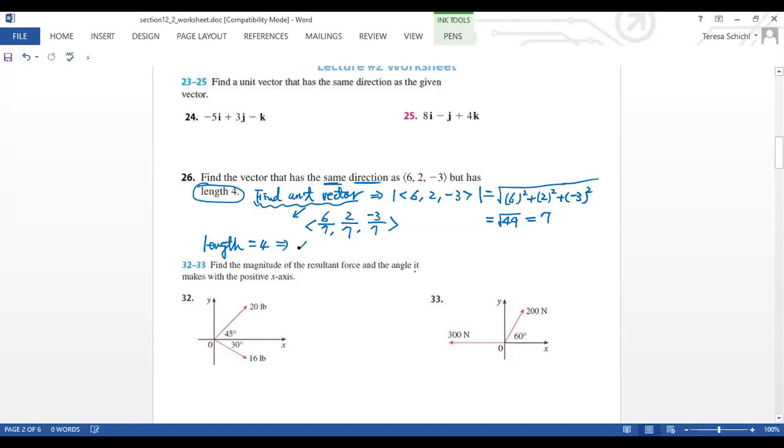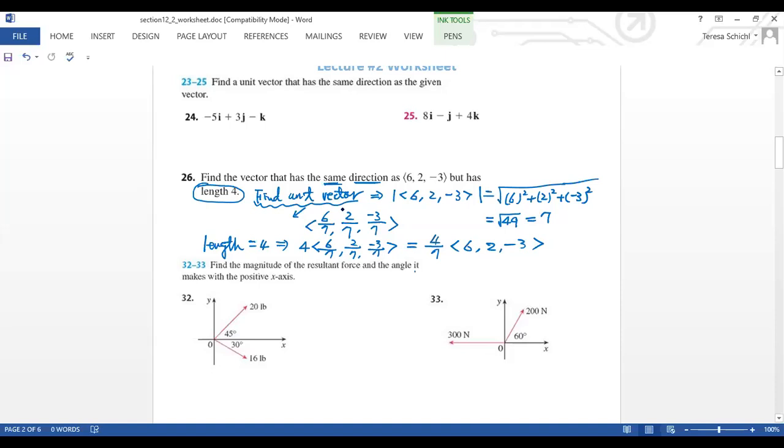If you multiply the constant in front of this vector, it will have the length of 4. Or, if you want, you can put 4/7 out front and then put the original vector in, which is easier to visualize. It will have the same direction and the length is 4, because this is the unit vector.